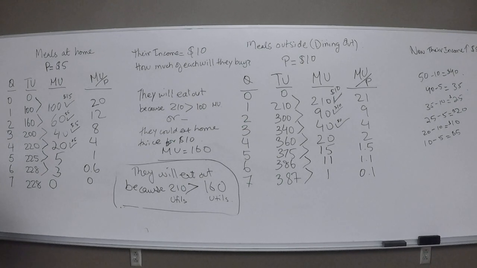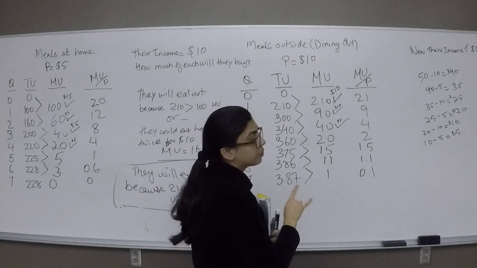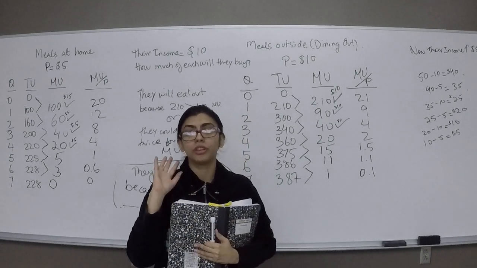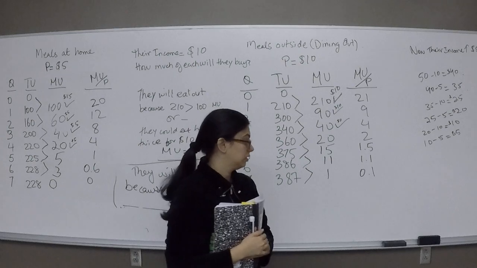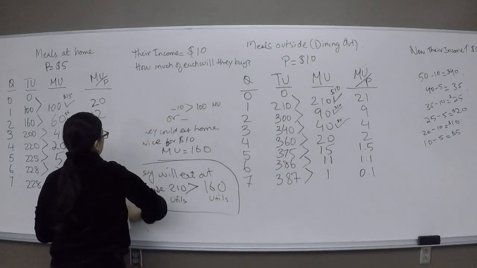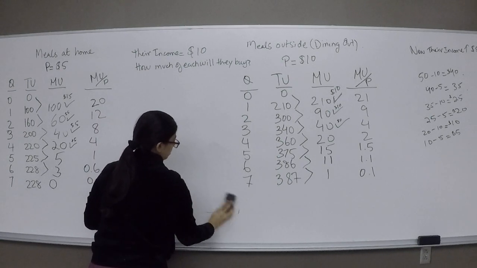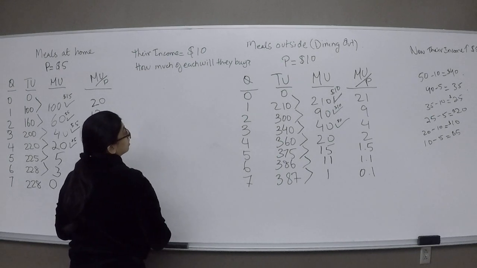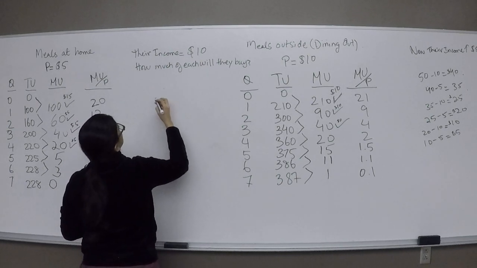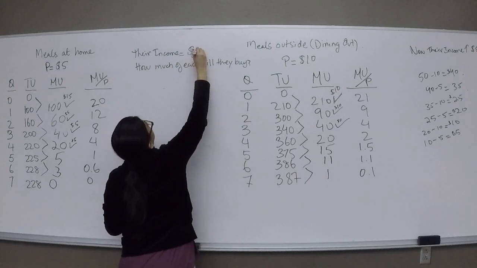So in total, what we did was we consumed 4 meals at home and 3 meals outside with the $50 budget. So the budget is $50.